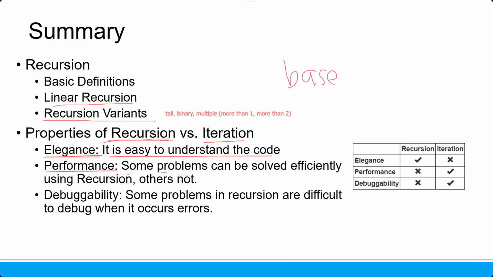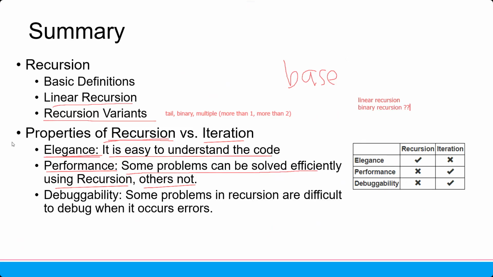Some of the problems can be solved efficiently using recursion, but others cannot. So you need to find the linear recursion. If you can find the linear recursion, then the performance will be better. If you do it with binary recursion, you need to check whether it is efficient.